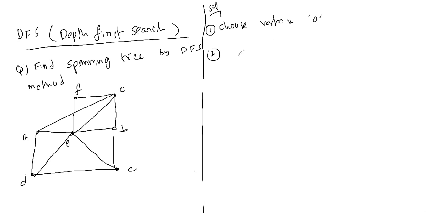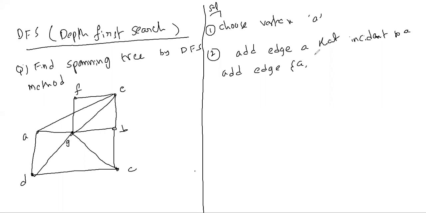Second step, add an edge incident to A. Only one edge you can add. So add edge A comma D. Not all edges, you can add only one edge. So this is your chosen vertex A.